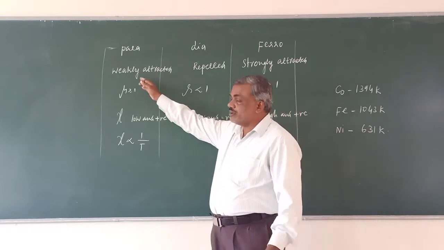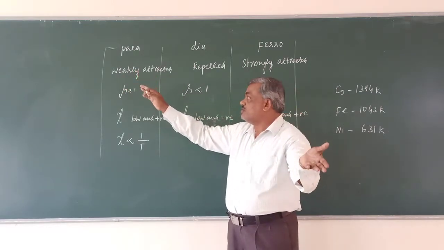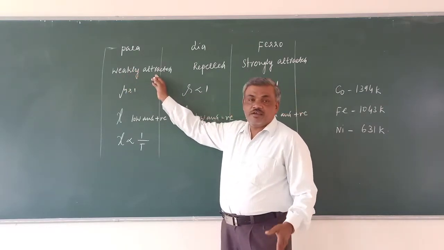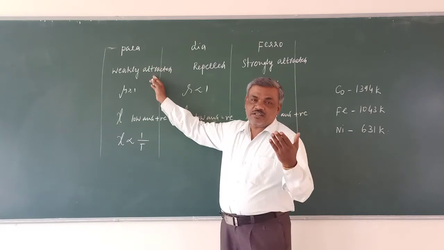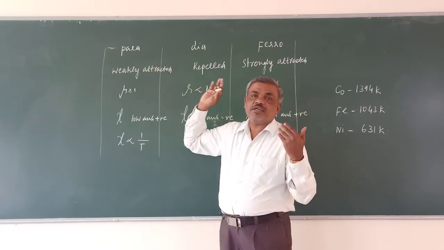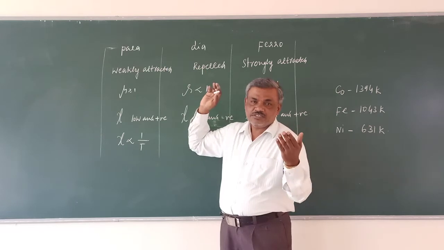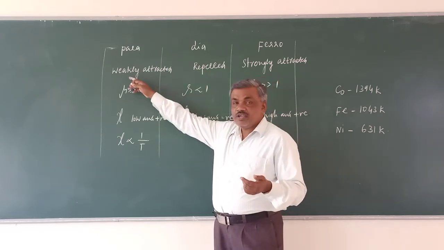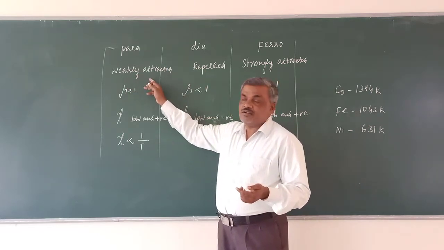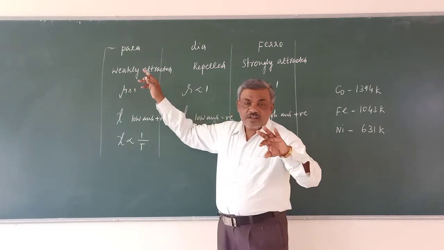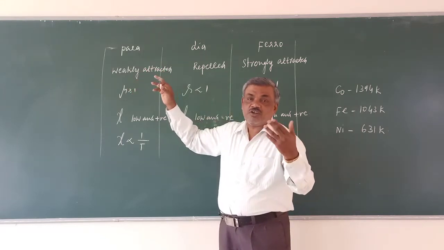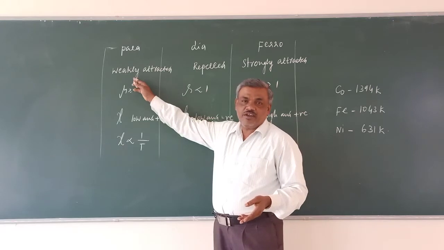Paramagnetic materials are the materials which are weakly attracted by the magnet. They move from the weaker region of the magnetic field to the stronger region of the magnetic field.